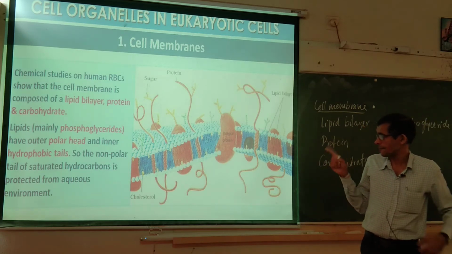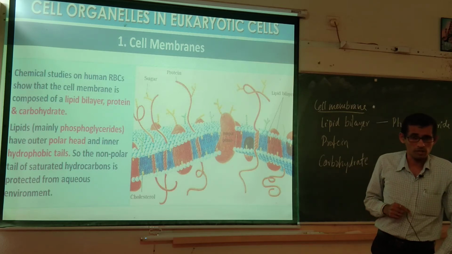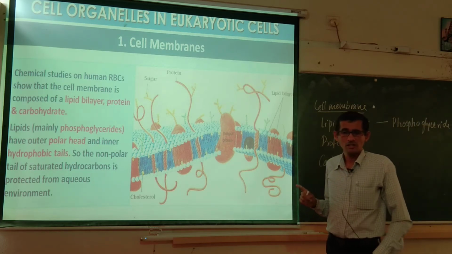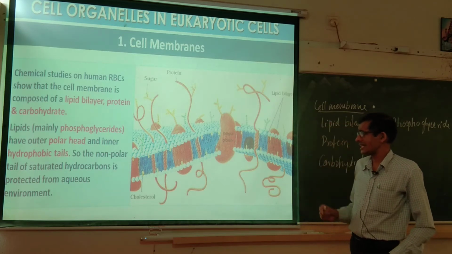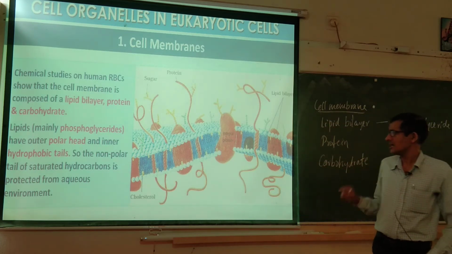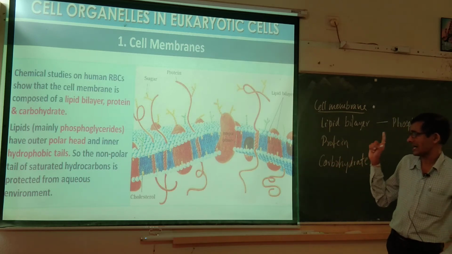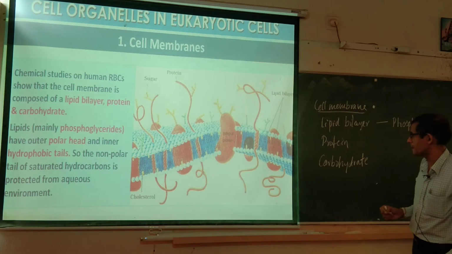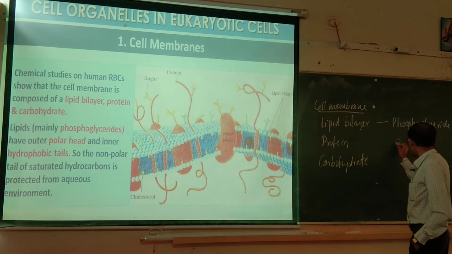So we call it phospholipid. Triester glycerides of fatty acid and glycerol, that is the lipid. So chemically, lipid here is phosphoglycerides, having outer polar head and inner hydrophobic tail. This is the polar head, this is the hydrophobic tail.